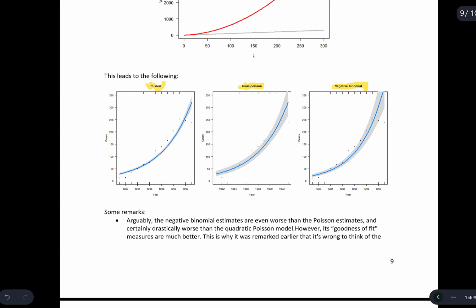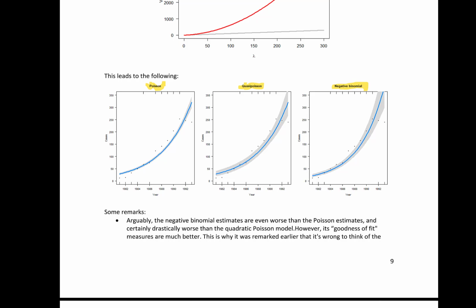Again, going back to these three, between the Poisson and the quasi-Poisson, we end up with the same estimates, but the quasi-Poisson is better at modeling those errors. But if we look at the negative binomial estimates, it doesn't fit as well. It's similar, but not as good of a fit, though we do get that wider error bar. So what that bullet point is saying is that yes, quasi-Poisson and negative binomial are going to do a much better job estimating the standard errors associated with our estimates.